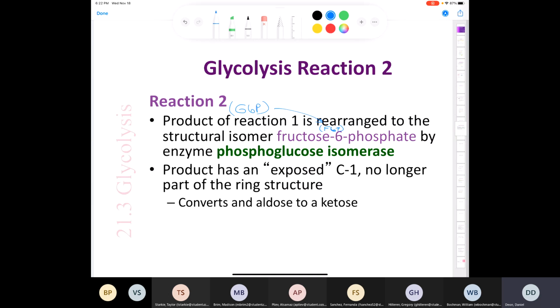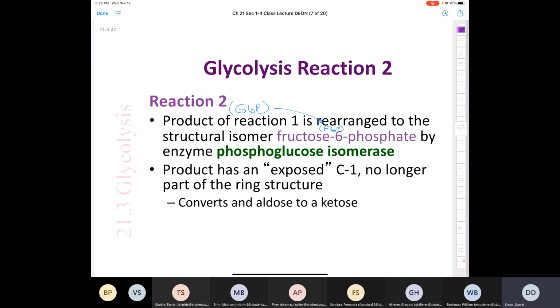If you look at the molecular formulas of G6P and F6P, they're identical. So of course, that's just an isomerization, right? But now what you're going to see is the product has an exposed carbon 1 that's no longer part of a ring. So you're going to end up with the second primary alcohol.